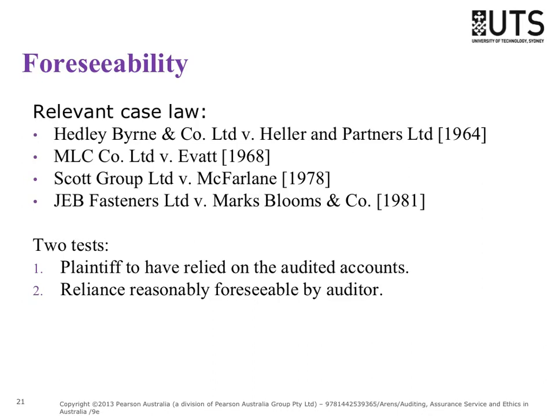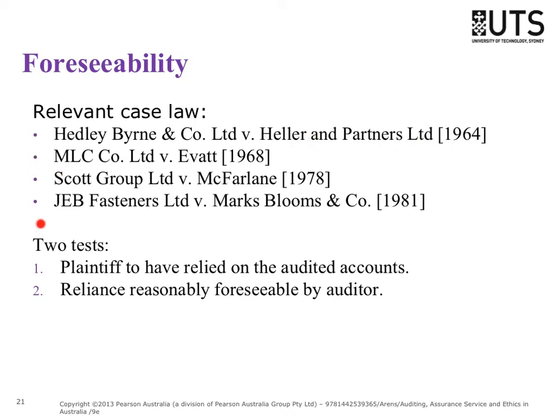So we have to think about some legal concepts, and the first one is foreseeability. Can I foresee or expect that third party to rely on the financial statements? Okay, and so we've got a number of different cases. Haedley Byrne was a UK case.